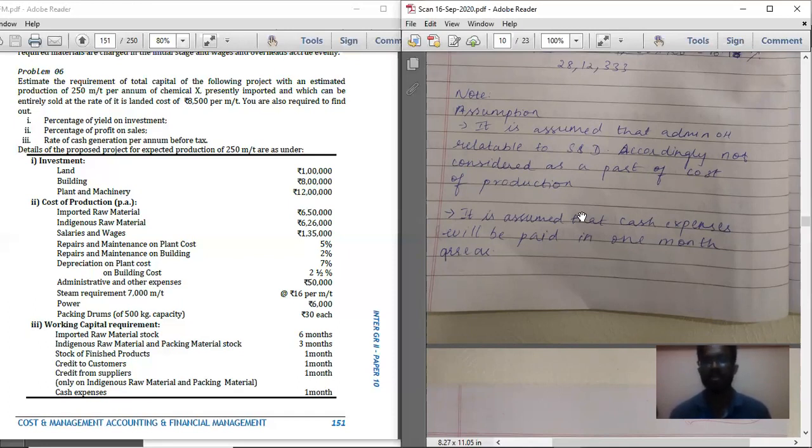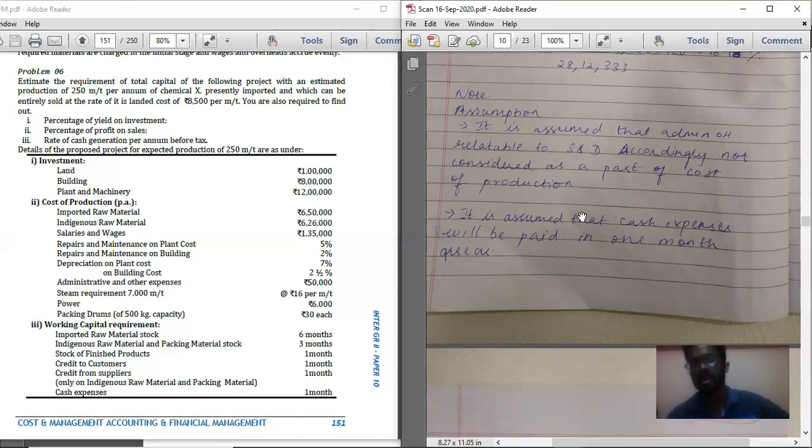Notes, assumption. First remark: it is assumed that administrative overheads relatable to selling and distribution.